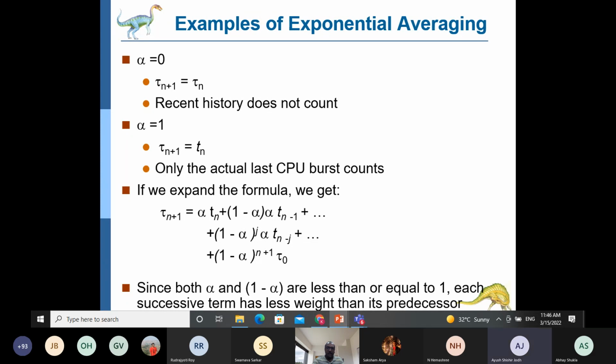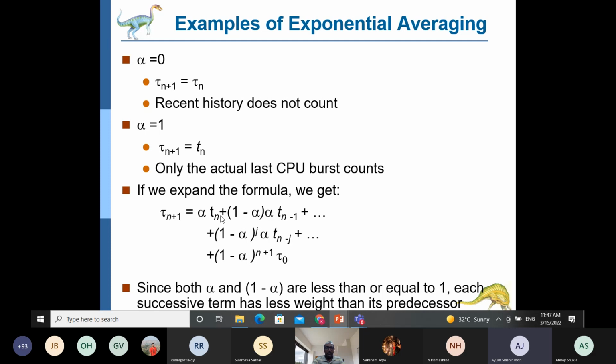That's why this is known as exponential averaging. It means the most recent one gets more weight, the next recent one less weight than this one, and the next one less than that. That is given by 1 minus alpha whole power j, where j is the previous jth instant.